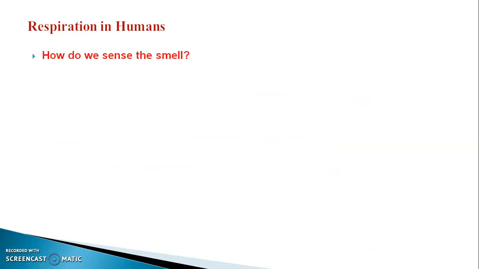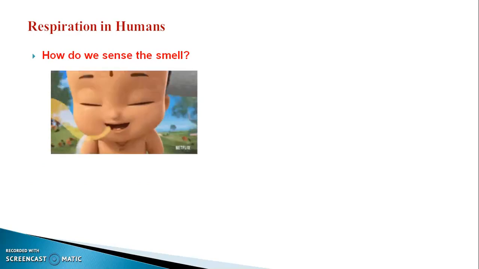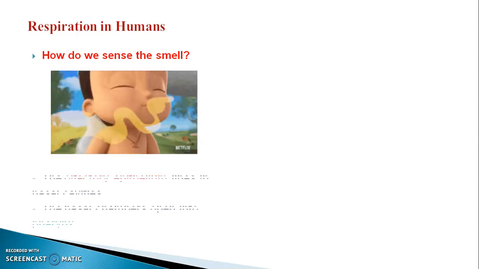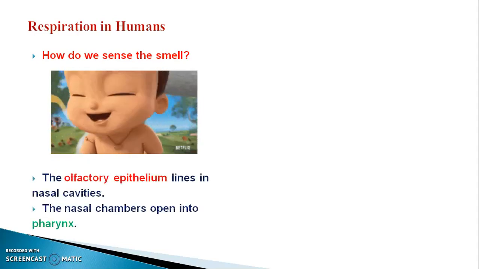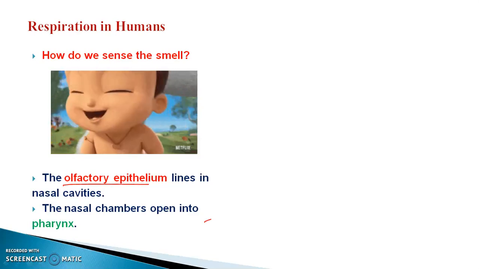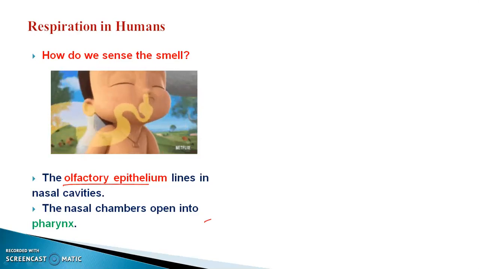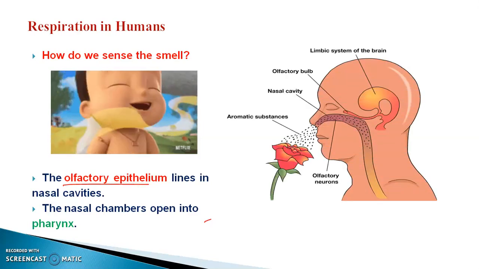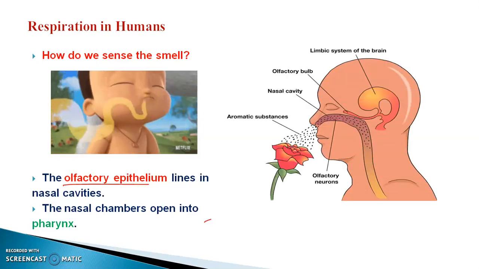Now, the next question is, how do we sense smell? The answer is that in our nasal cavity there is olfactory epithelial cell. This olfactory epithelium lines our nasal cavity, and the nasal cavity also has olfactory neurons.